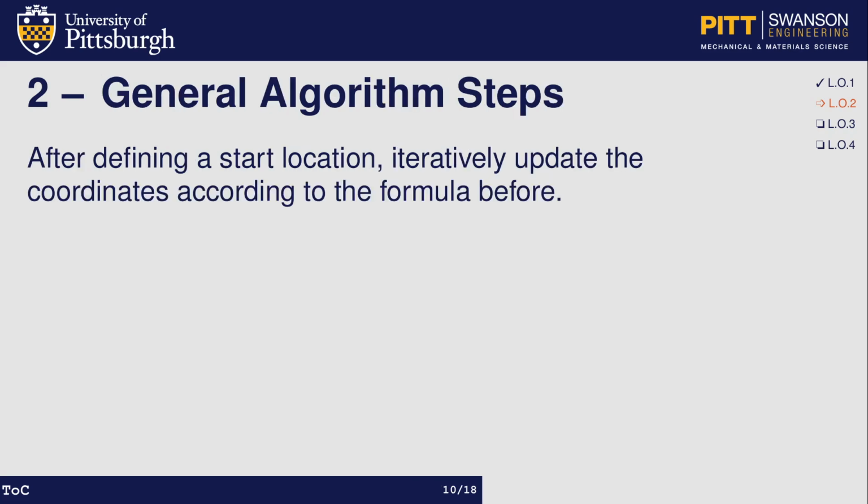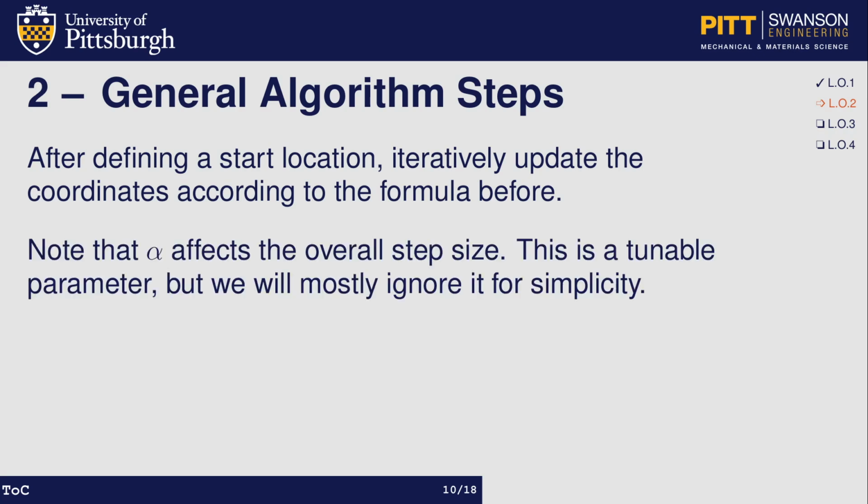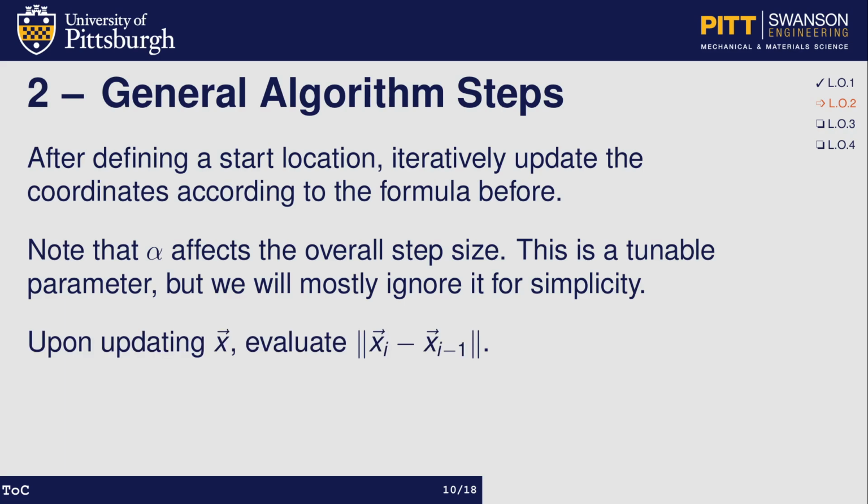After we define a start location in the very beginning of the algorithm, we want to iteratively update the coordinates according to that formula. Note that alpha represents the overall step size parameter. This is tunable, but we will mostly ignore it in this lecture for simplicity. We'll just set it to a constant.